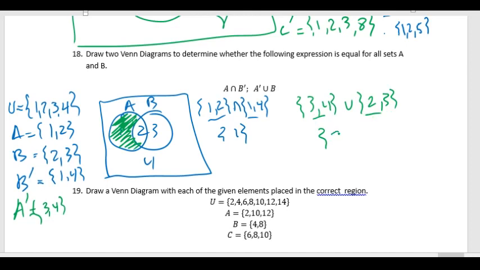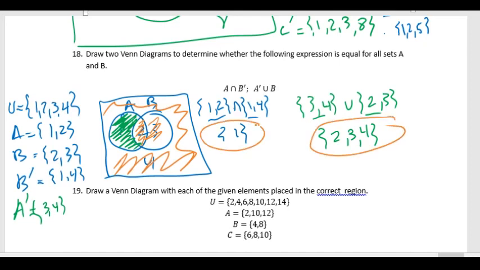So we're going to have 2, 3, and 4. So now we can see if it's equal. I'm going to use a different color. This one means to shade 2, 3, and 4. If they were equal, we would end up with the same result here, which would mean that we shade the same area. So these are not equal.